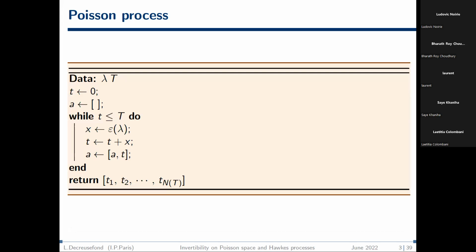So if you want to simulate a Poisson point process, it's a very easy algorithm. You start with time t equals 0.